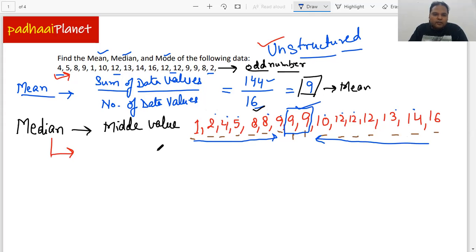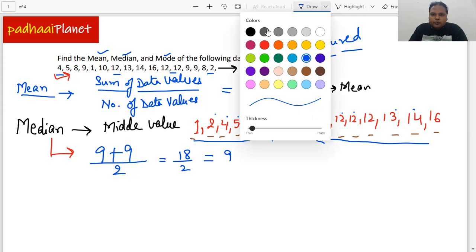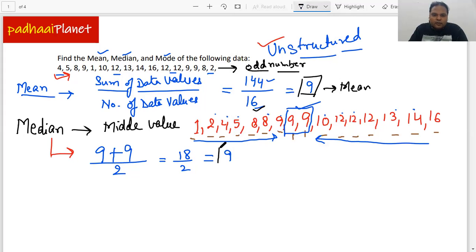Now the median here will be the sum of these two divided by 2, right? So we can write 9 plus 9 divided by 2, that's 18 over 2, and the answer is 9. So we can say that 9 is the median of the data set.